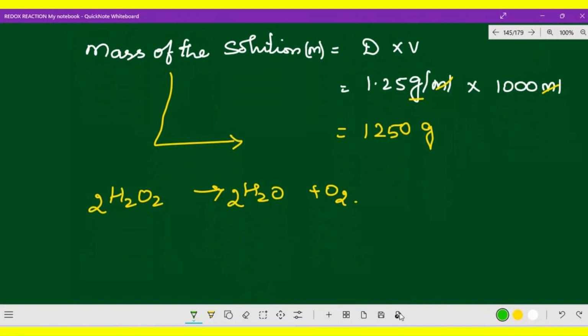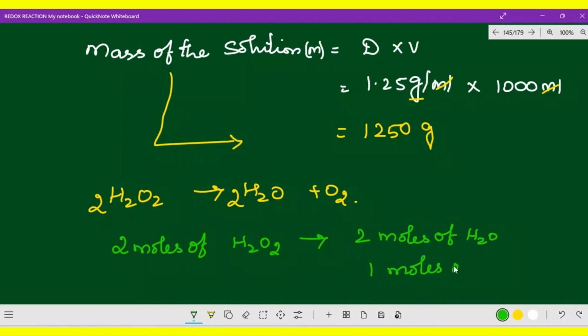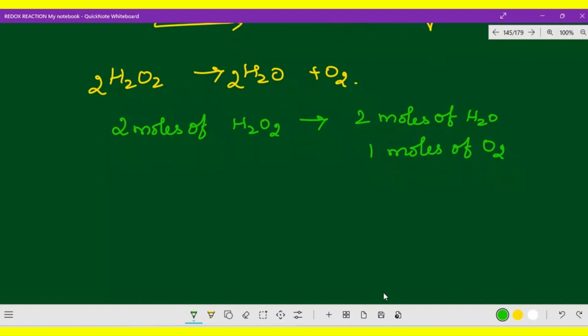So 2 moles of hydrogen peroxide can produce 2 moles of water and 1 mole of oxygen.